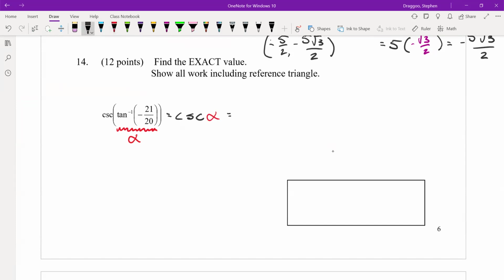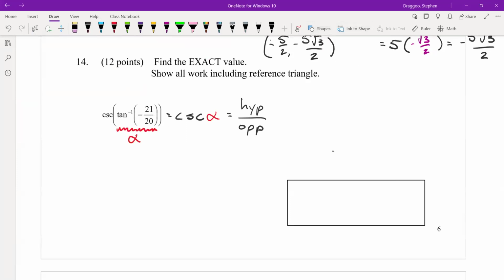From our definition of cosecant, we're looking for the hypotenuse divided by the opposite side, the reciprocal of sine. And we could use a reference triangle to figure that out.